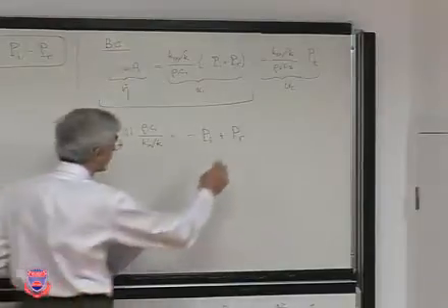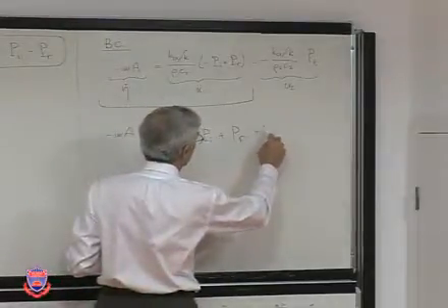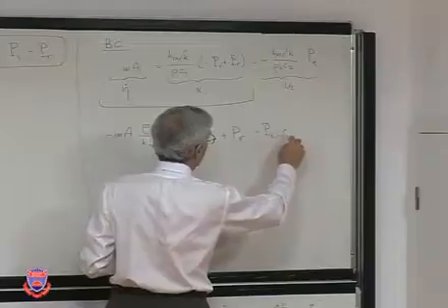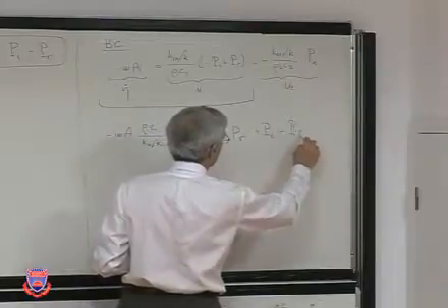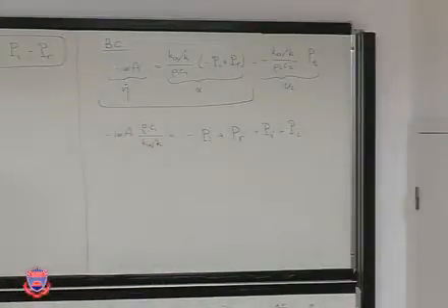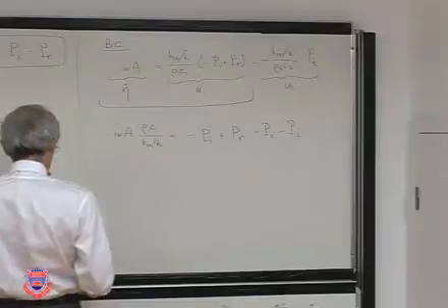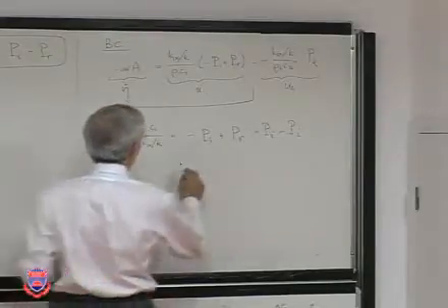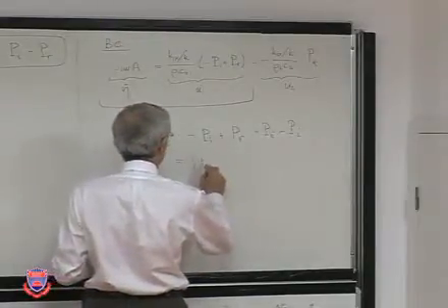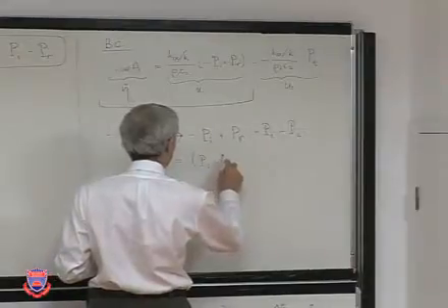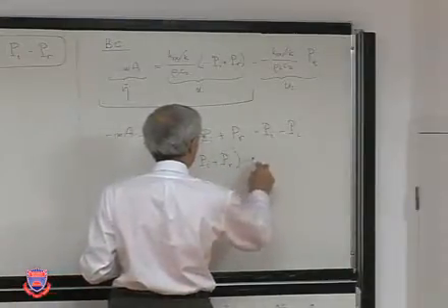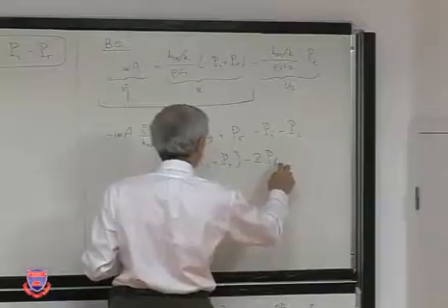What I want to do is just a simple mathematical convenience. Add and subtract the incident pressure amplitude. And that gives us Pi plus PR minus 2 Pi.